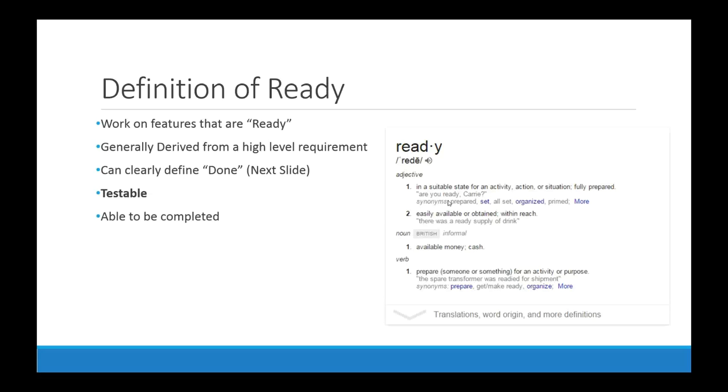One of the things about it being ready is that you can define what you're trying to do, and figure out an endpoint so that you know that you were successful in writing your code. So this testability is a key feature in my mind of what something being ready is.